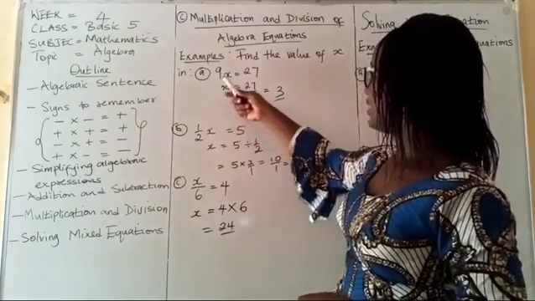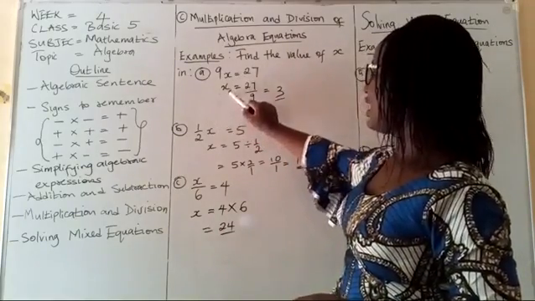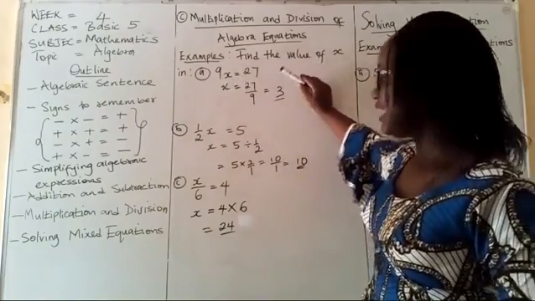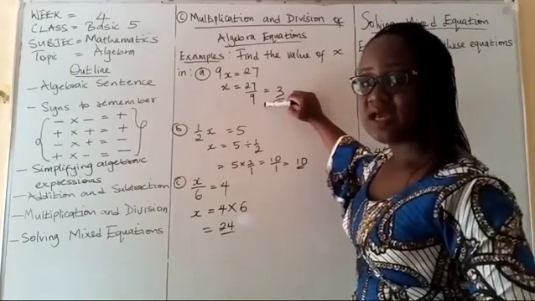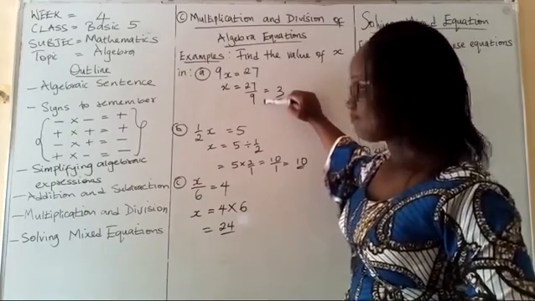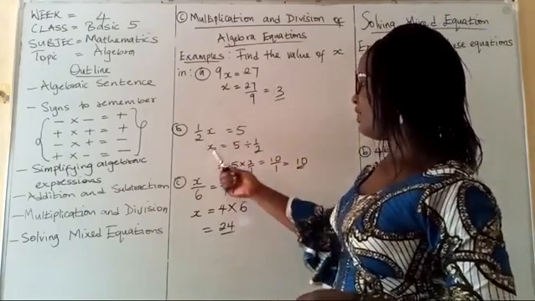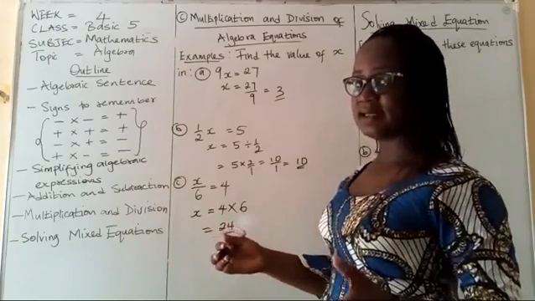So you know 9 times s is giving us 27. When we have only s, 9 will cross this to become division. So that is why we are having 27 over 9. You know 9 times 3 is 27. Over here we have 1 over 2 times s. Now when we are having only s here, that's when we are collecting our like terms.